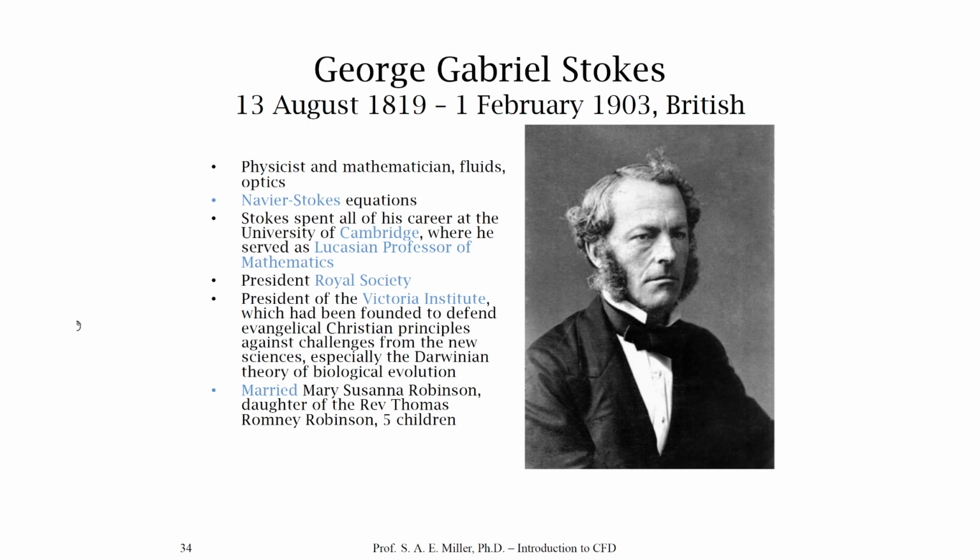He was an esteemed mathematician, and I'm sure you heard his name under Stokes' theorem when you were studying Calculus 3, which is like a vector calculus usually in the United States. His name appears on the Navier-Stokes equations. It was really Navier and Cauchy who formalized the equations. Stokes used the equations to study pendulums and pendulum physics, and he's known for the famous Stokes flow problem where you have a sphere moving very slowly.